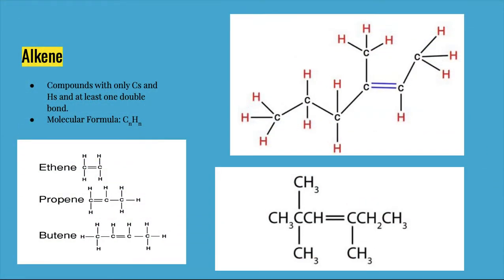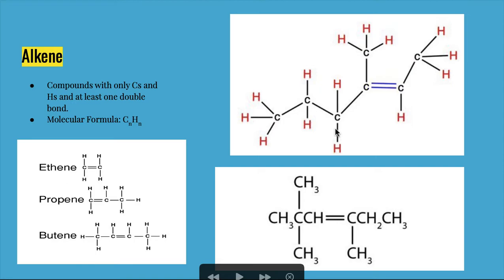So next up is alkenes. Alkenes are compounds with only C's and H's with at least one double bond. And their molecular formula would be of the form CnH2n, where again n is some integer. With that being said, this formula only works when there is only one double bond in the compound.